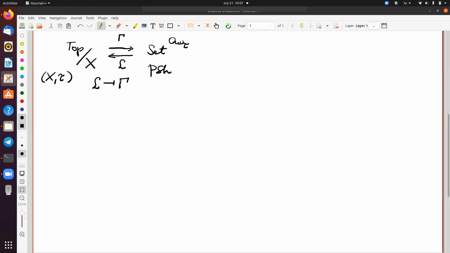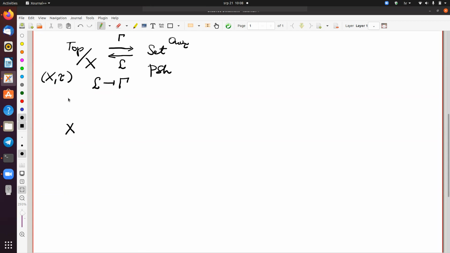And so what was this L doing? L was taking a pre-sheaf, and then over X, it constructed a space of all local sections. Sorry, all germs of these sections.